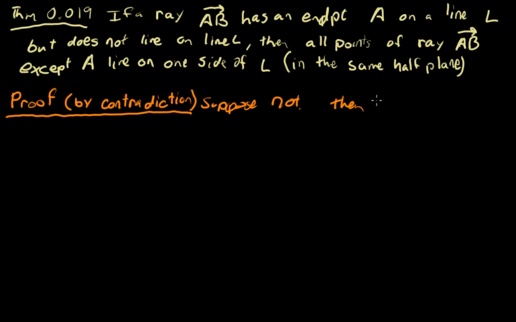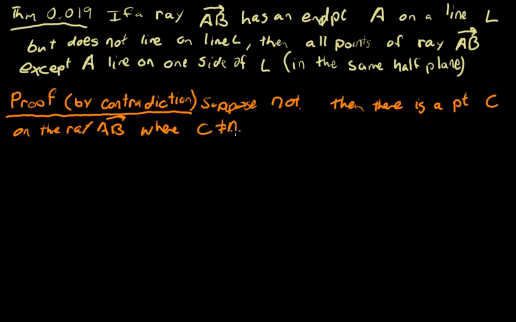Then, there is a point C on the ray AB where C does not equal A. So we just assumed there was no point, that they didn't have any points in common besides point A. Now we're supposing that's false, so we're saying there's a point C where they're the same.